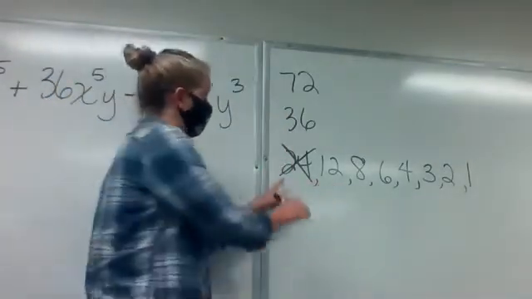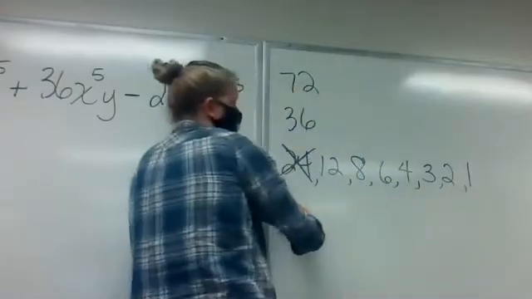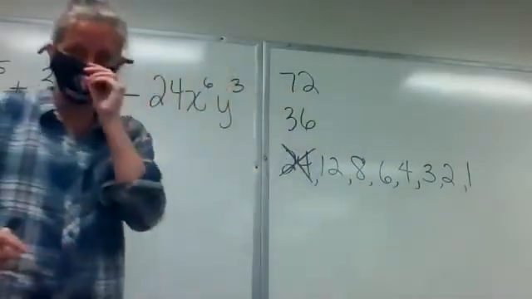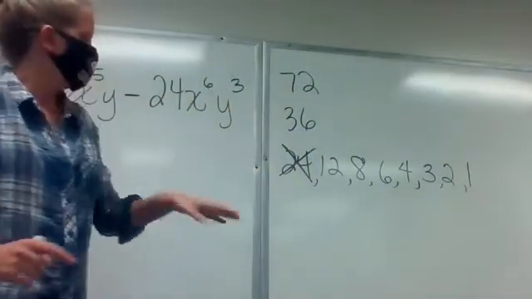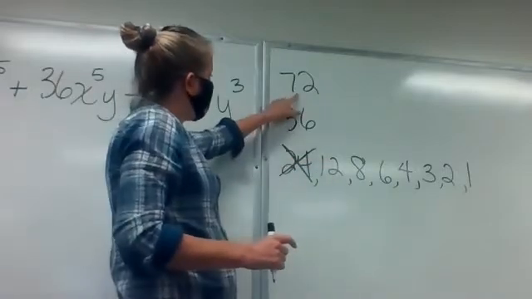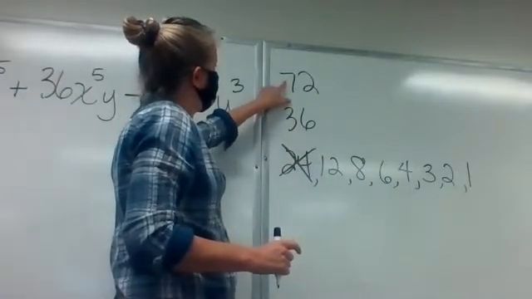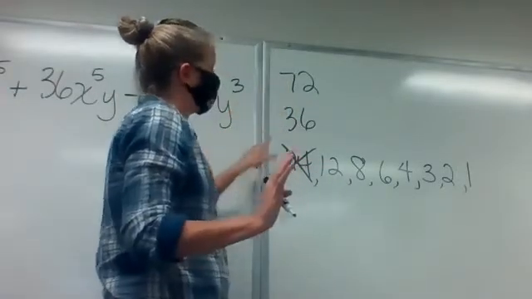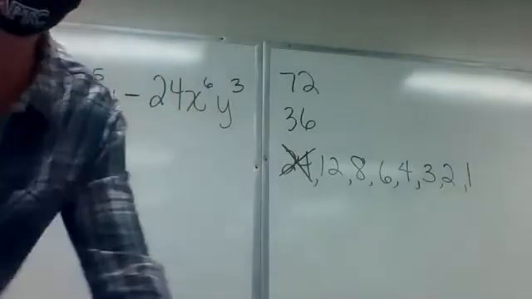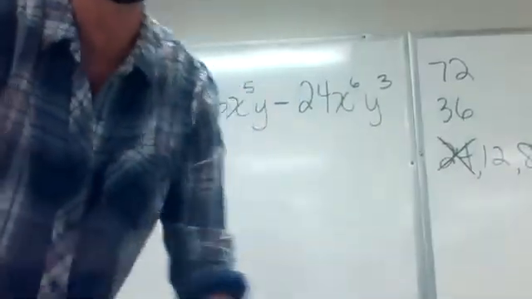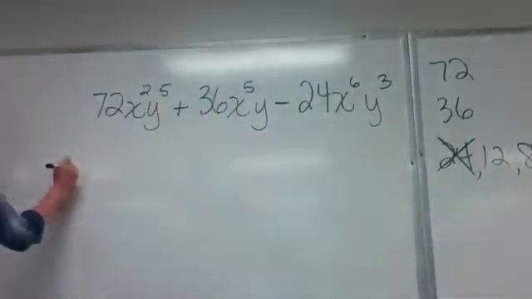Because the numbers I listed all go into 24. So 12 is the biggest number that goes into 72, 36, and 24. So I'm going to pull out a 12 as the greatest common factor.